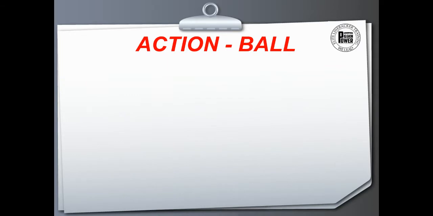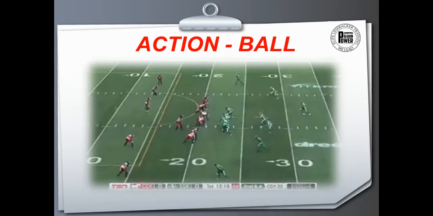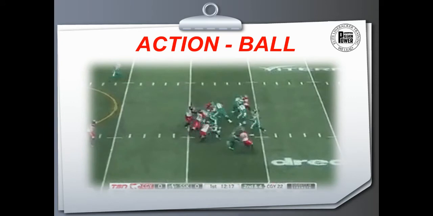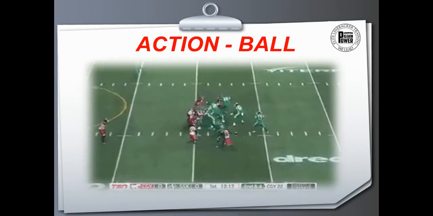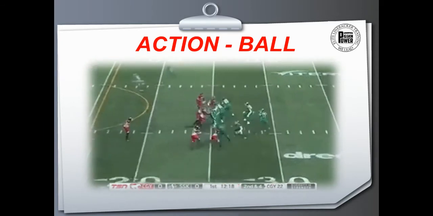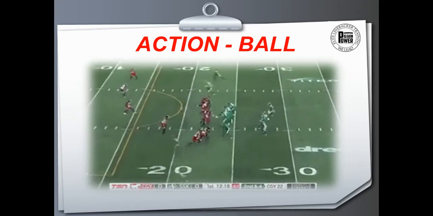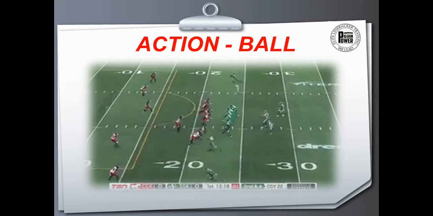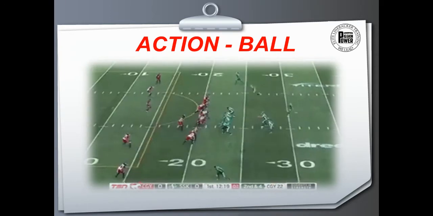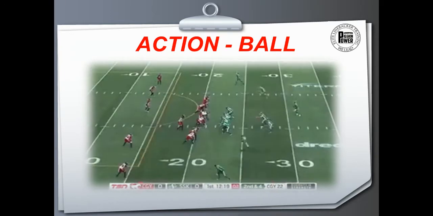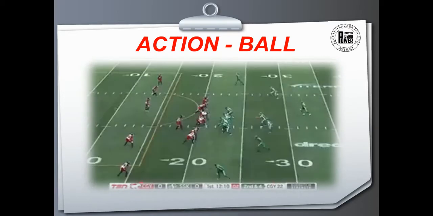So we have action ball. Let's watch this video. And you'll see that this is Canadian football. So we have all the players motioning. A lot of things taking place to steal your eyes. But as we see, the action is the backs both step up. There is no engagement.